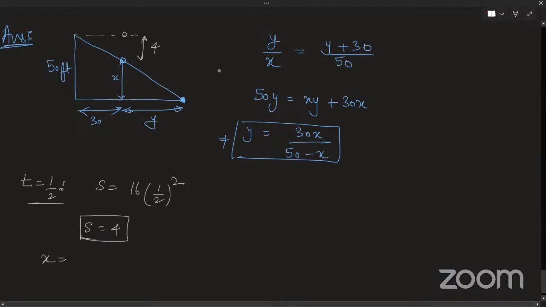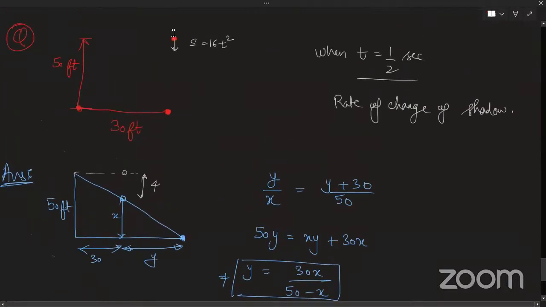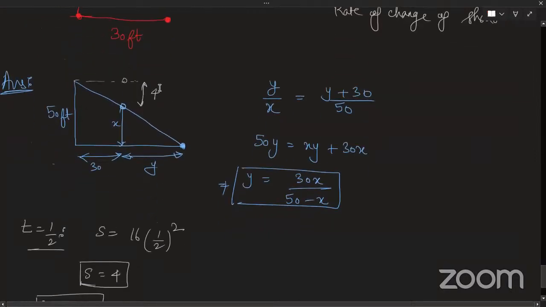So what will be the value of x? 50 minus 4, right? It was dropped from the same height, and s is how far it has dropped. So in half a second, it has dropped 4.